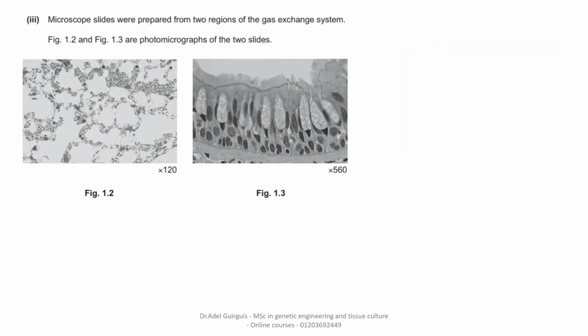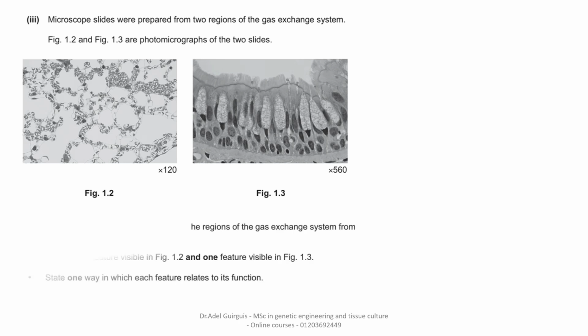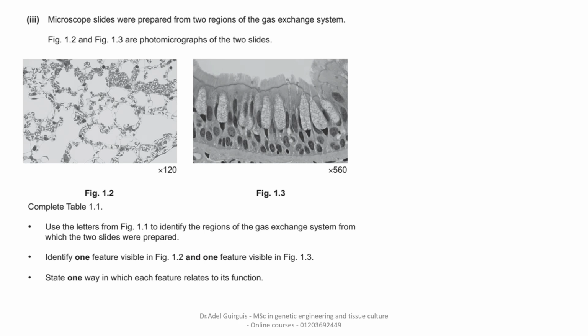Now, part iii. Microscope slides were prepared from 2 regions of the gas exchange system. Here are photomicrographs of the 2 slides: figure 1.2 with magnification 120 times, and figure 1.3 with magnification 560 times. The question here: complete table 1.1 by focusing on 3 bullets.